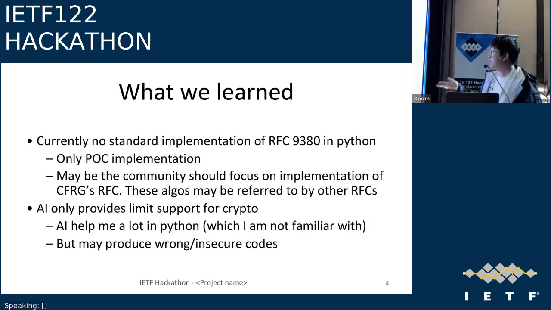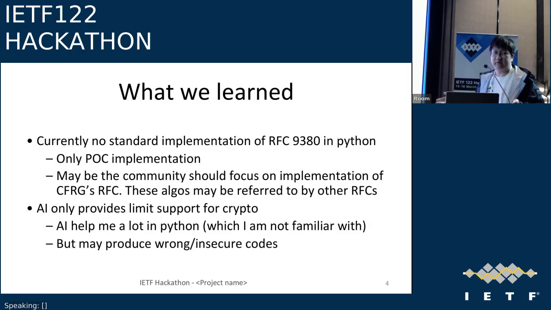We think the community should focus on the implementation of CFRG's RFCs and their suggested primitives, because these algorithms and primitives may be referred to by other RFCs, drafts and implementations.